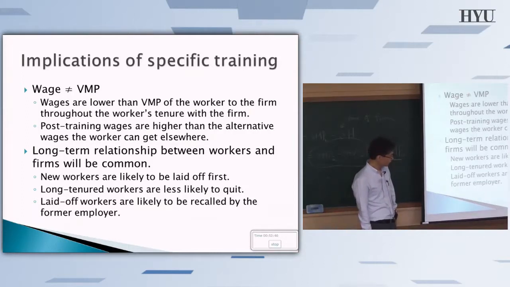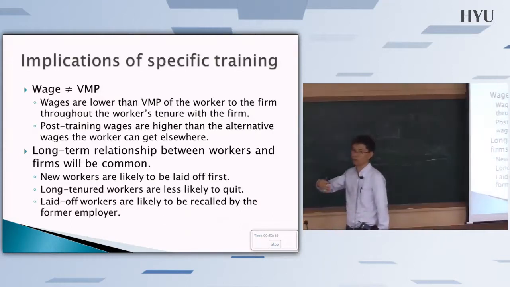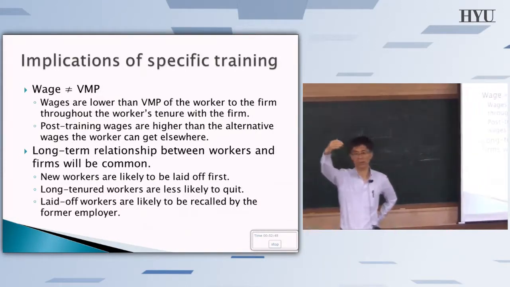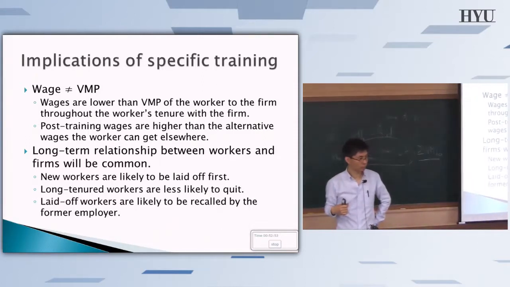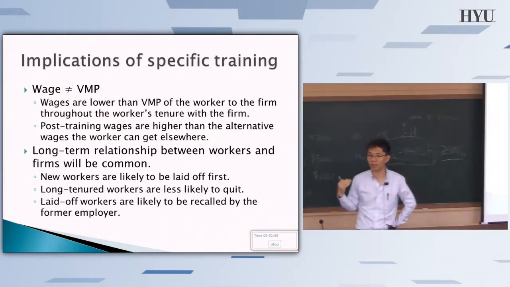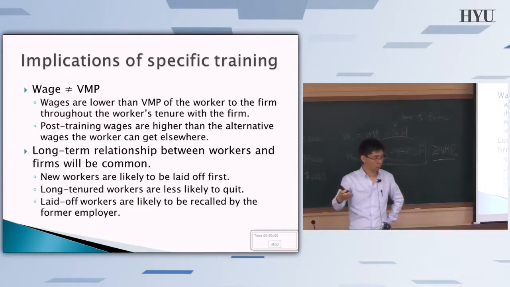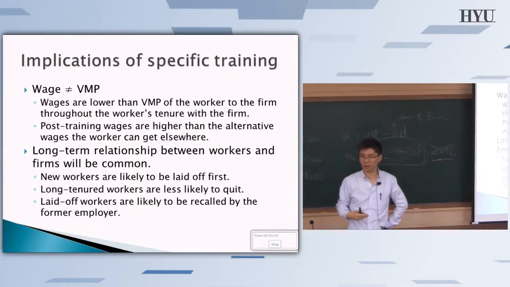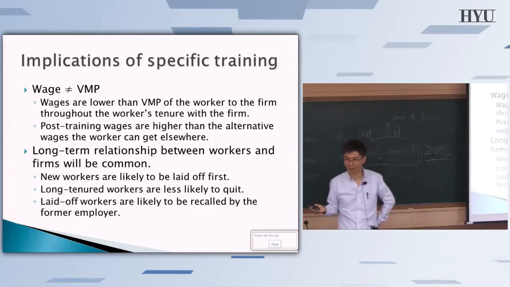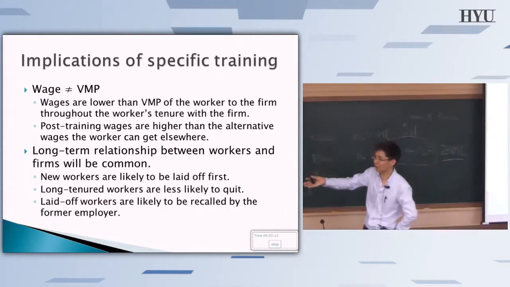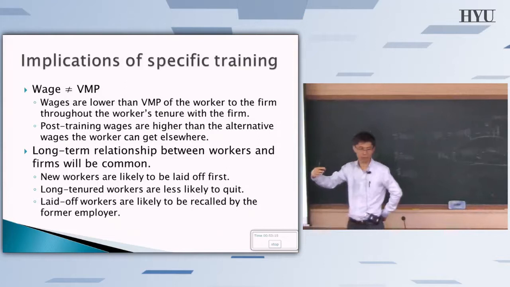And this is often observed. Let's say there was a recession, so some workers were laid off. But when the business returns, they have to hire people. And in lots of cases, the employer actually recalls the workers who were laid off in the recession times. Why? Because you don't have to retrain them. It's much cheaper, right? These workers were laid off, but they had specific human capital.